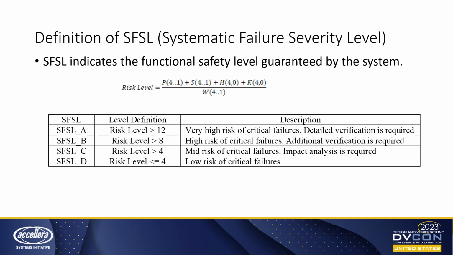This is similar to the ASIL, the automotive safety integrity level, but the SFSL represents the seriousness when a failure happens. It means we have a higher priority for our verification process.